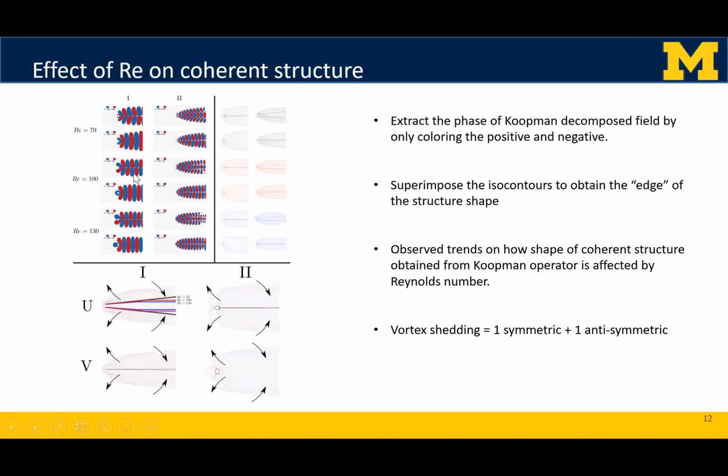Moreover, note that if you superimpose the first and second harmonics, which are antisymmetric and symmetric modes, you will end up with a phenomenon like vortex shedding. So this is how vortex shedding is decomposed in the view of Koopman operator.